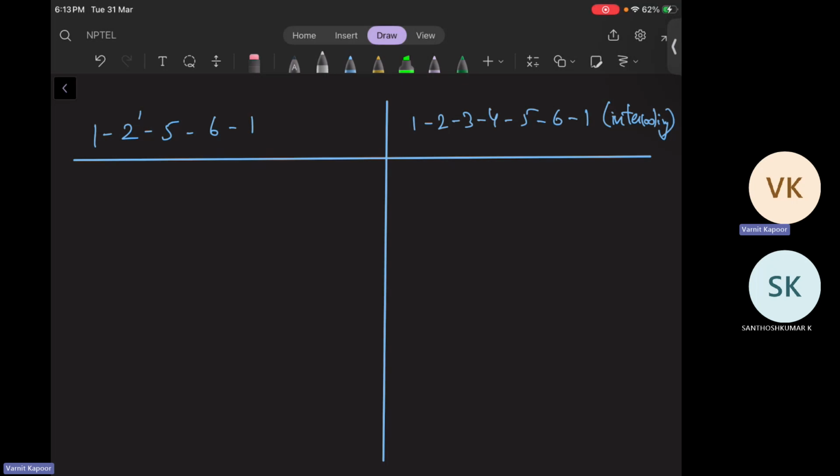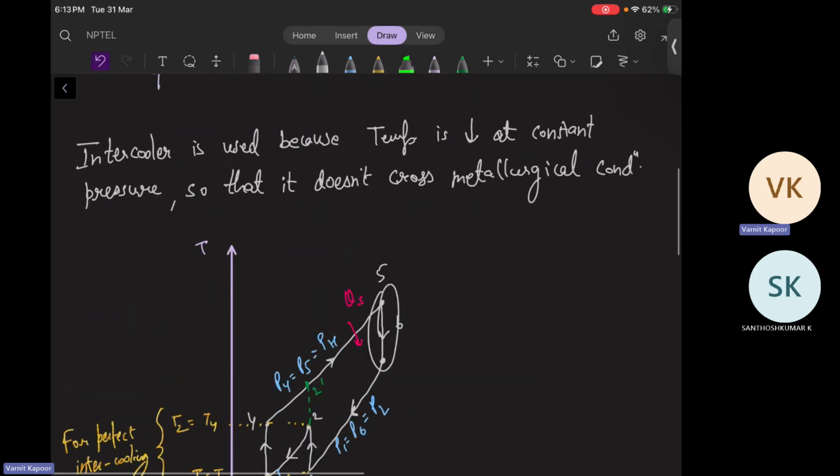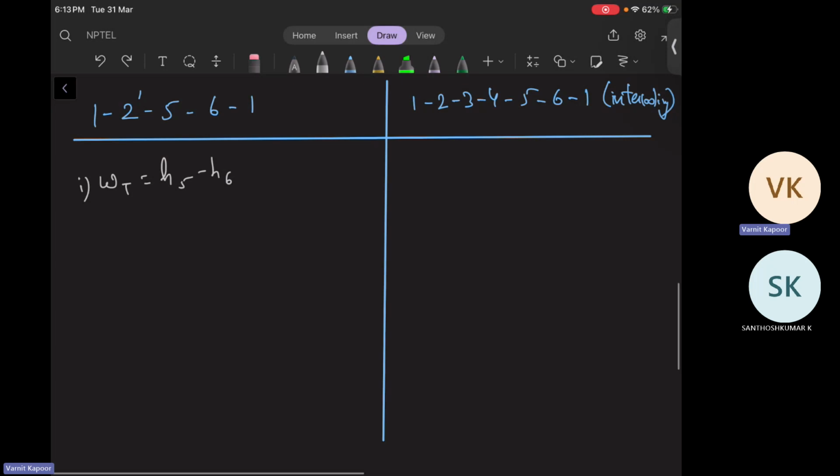So originally, the work by the turbine would have been only H5 minus H6. Okay, this would have been the work by the turbine, H5 minus H6. And here also, the turbine work will remain the same, H5 minus H6.